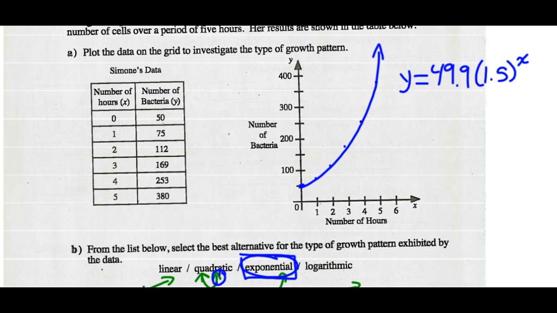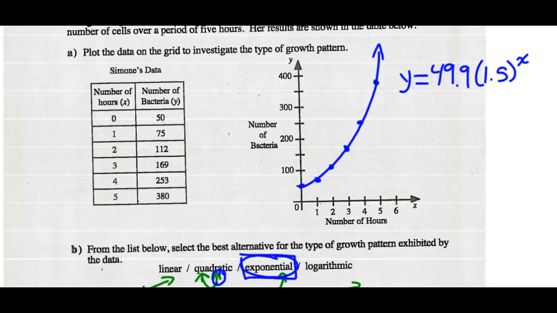That seemed to be the graph that matched the data pretty well. It seemed to go through these data points almost perfectly. It had an r value that was almost 1. All right, now let's try another one.